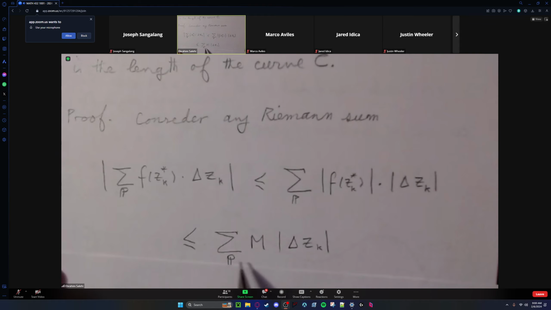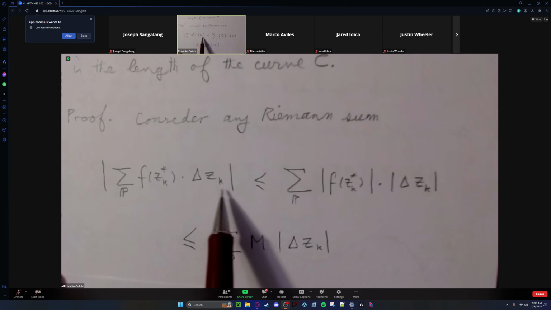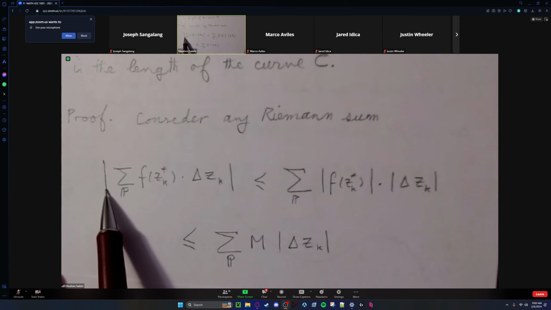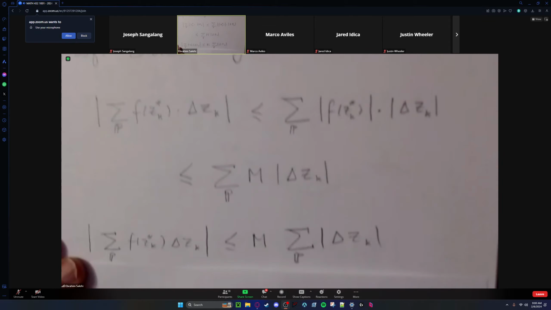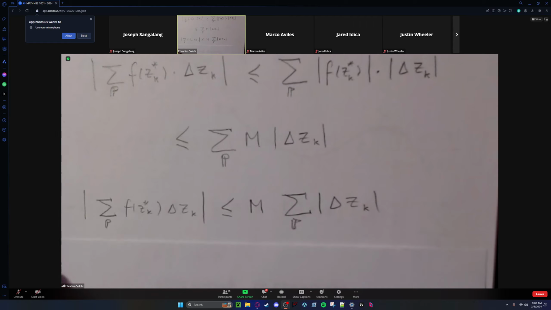Then you are dealing with, on the left, the Riemann sum. On the right, you get this one. But remember, these are those little pieces of the curve we are putting together.